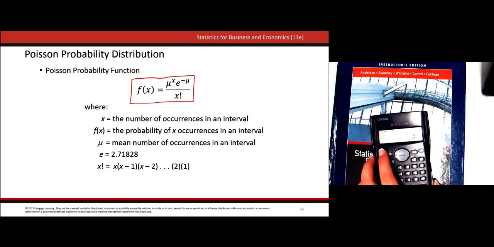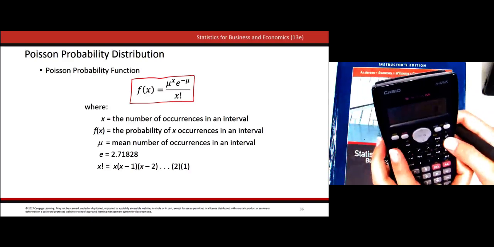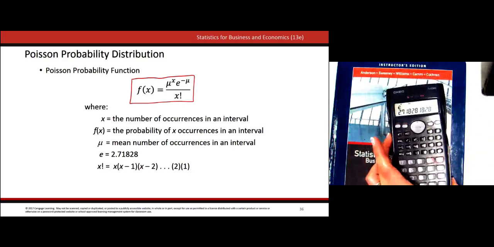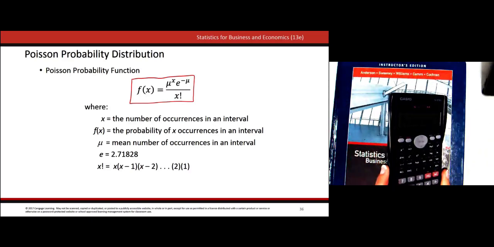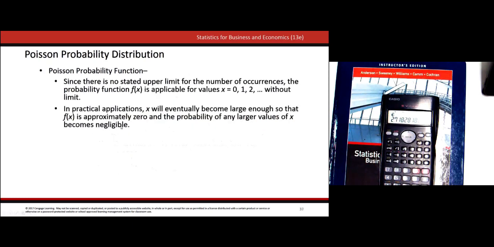The E here. F of x is the probability of x occurrences in an interval.